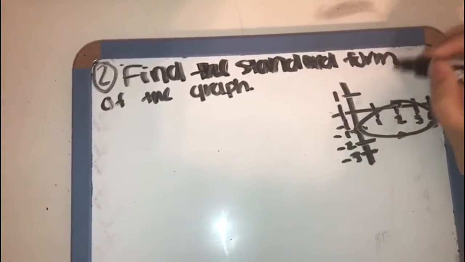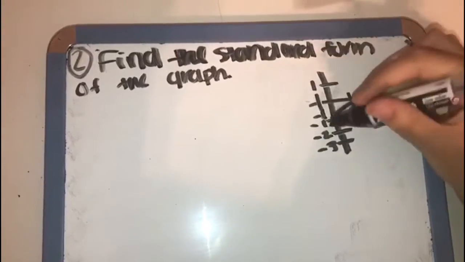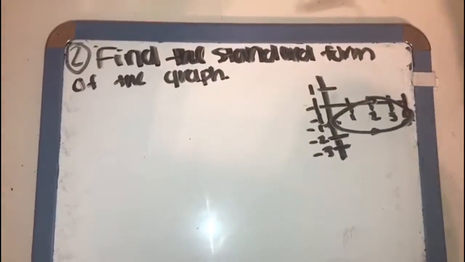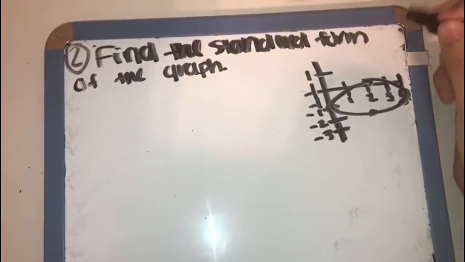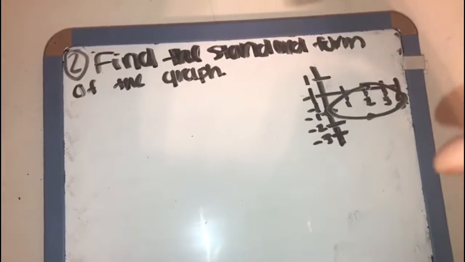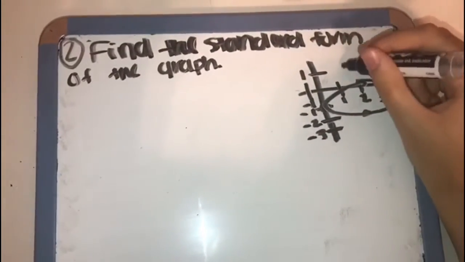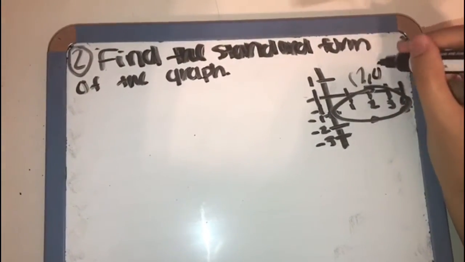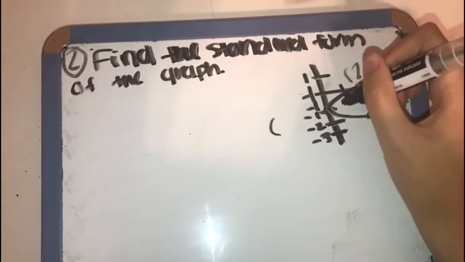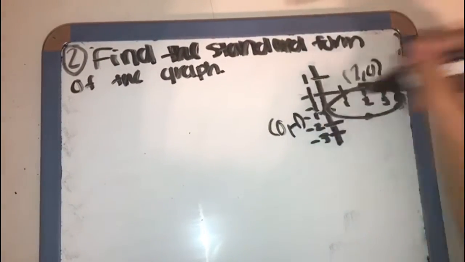Now if you didn't know, ellipses are shaped like a squished circle on a graph. This is an ellipse, by the way. So the first part we're going to do is jot down all the points on the graph. So we have 2, 0. We have here, which is this part, 0 and -1.